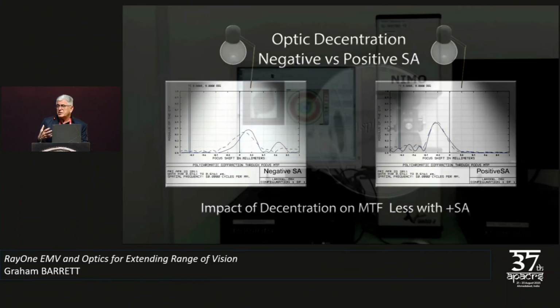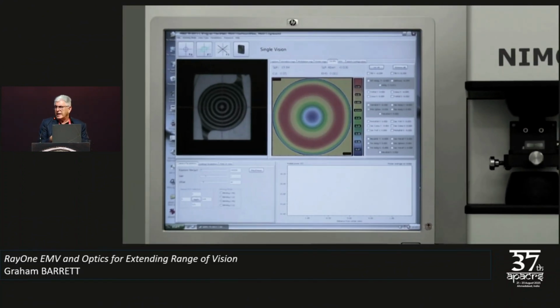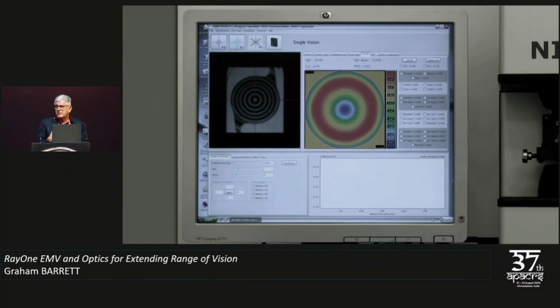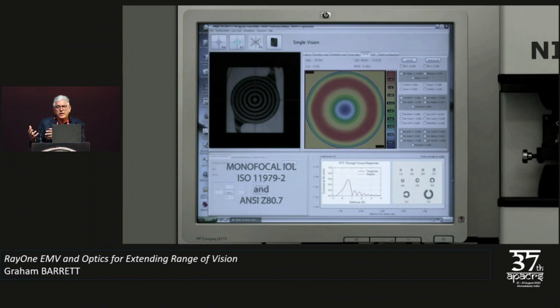If you look at negative spherical aberration in contrast, even a small amount of decentration will drop the MTF significantly. So based on these principles, it's not just simply adding positive spherical aberration, it's a sophisticated optic. It's a combination of fourth and sixth order aberrations combined over different optical powers, so the same effect is found across the entire range. And it has continuous curvature, but the amount of spherical aberration tapers off towards the periphery to maintain contrast with larger pupils in low light conditions.